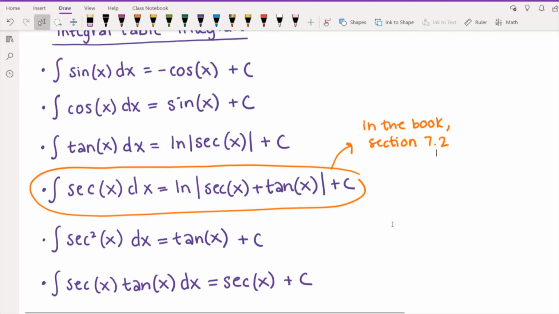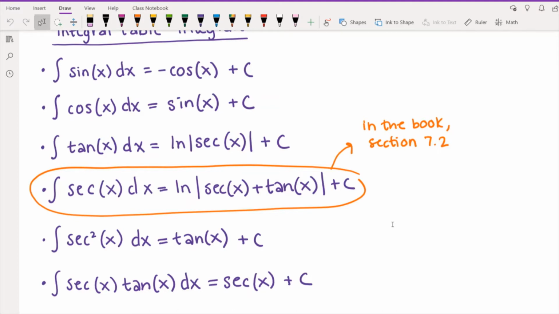There are other ones I could have put here. I'm skipping the ones relating cosecant and cotangent because those trig functions just don't come up as much in this class, at least in this section of the book.